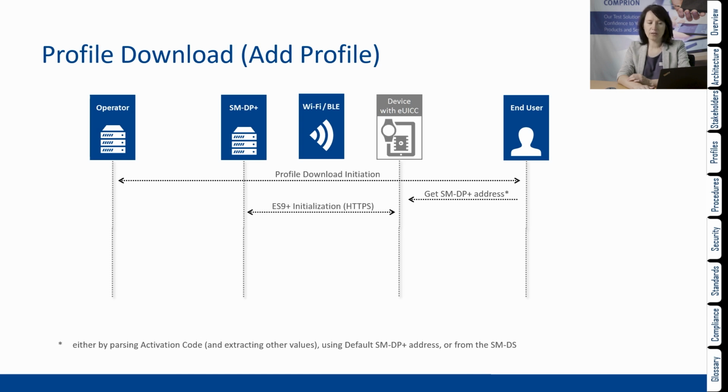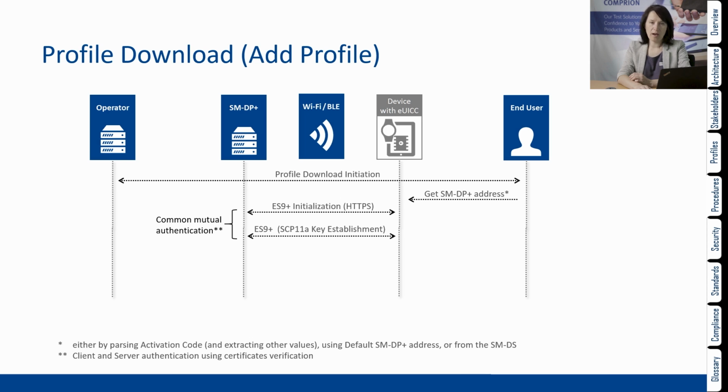In the next step, the device, or the EUICC, performs the initialization step on the ES9+ interface, which is secured by HTTPS. Inside of this HTTPS channel, on the ES9+ interface, there will be the SCP11a key establishment performed, again defined by GlobalPlatform, and the procedure part is called the common mutual authentication.